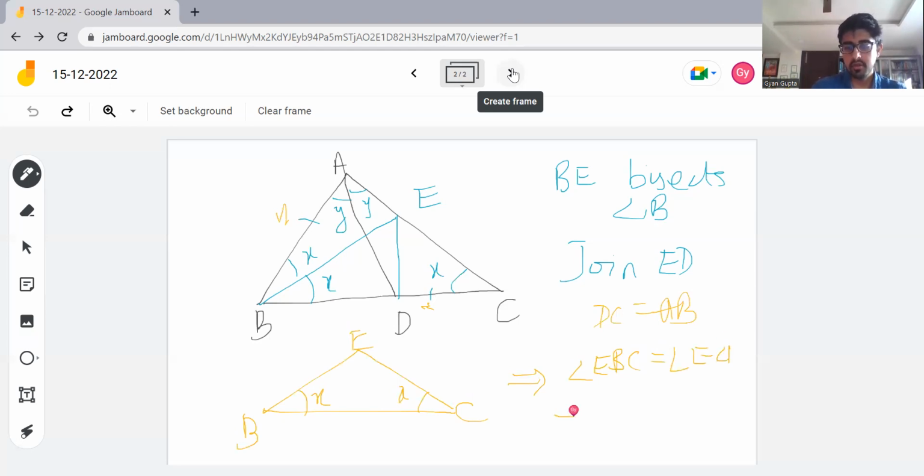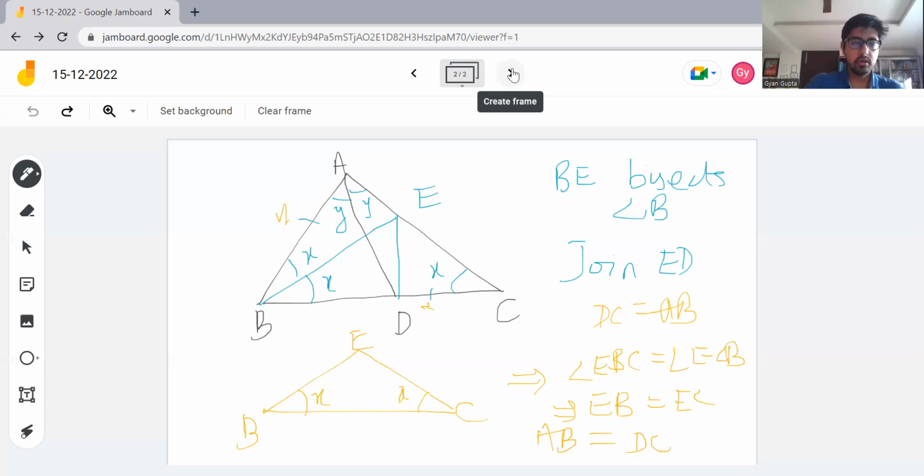So that will give me EB is equal to EC, property of an isosceles triangle, which gives us one relation here. The other relation that we have is AB is equal to DC. We have got two relations.